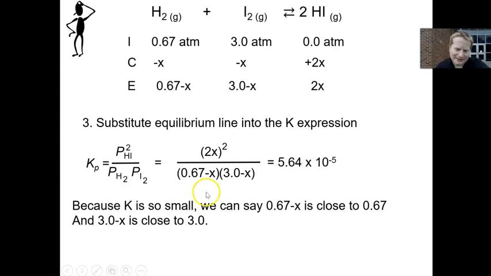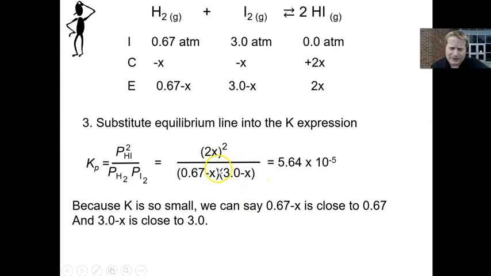Like 0.67 minus 0.001 won't make much of a difference. 3.0 minus 0.001 won't make too much of a difference, right? So we're going to make an assumption that shouldn't really affect our answer too much.